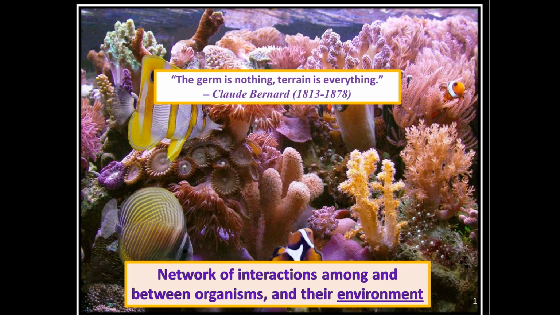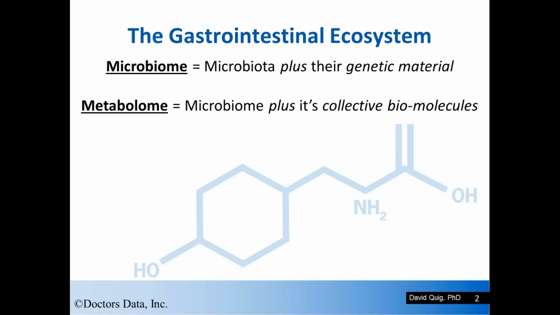But we always have to keep in mind that, as Claude Bernard back in the 1800s said, the germ is nothing, terrain is everything. So we have to also consider what's going on metabolically in the microbiome, which affects everything that happens not only within the bounds of the intestines, but also throughout the body.